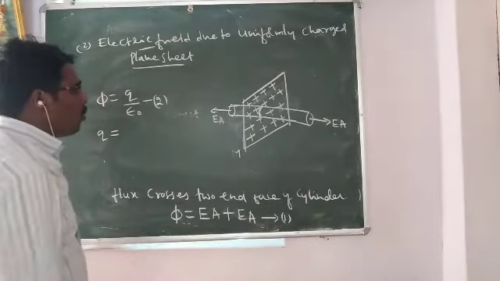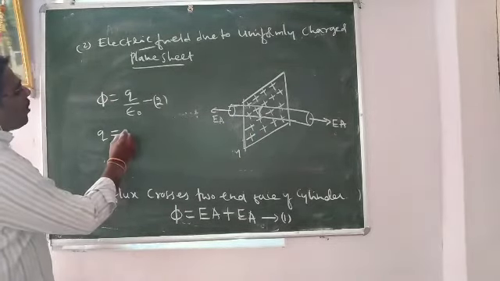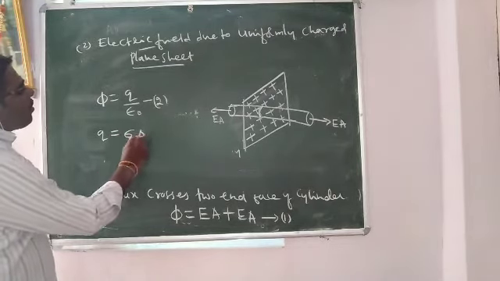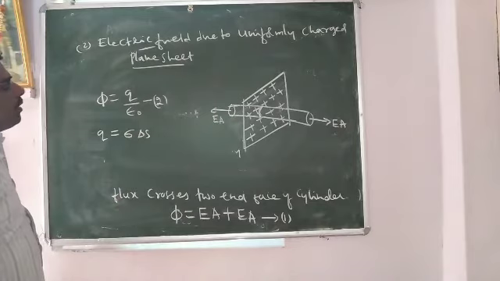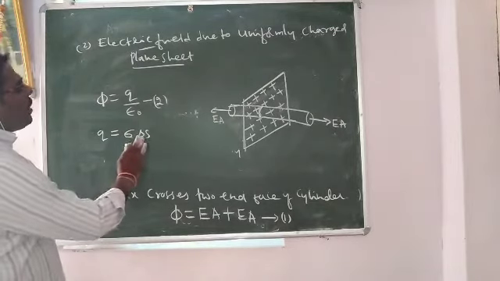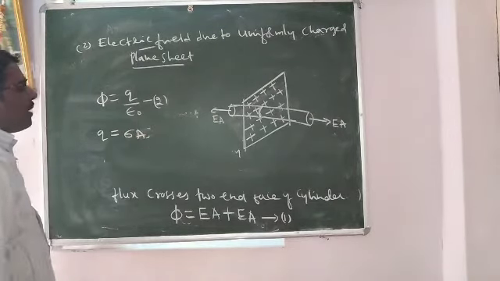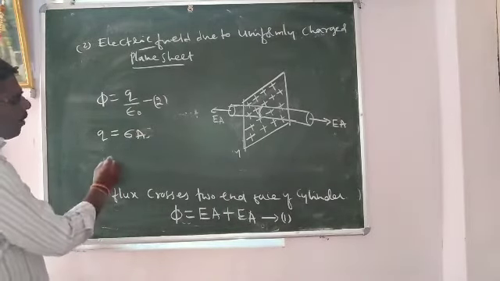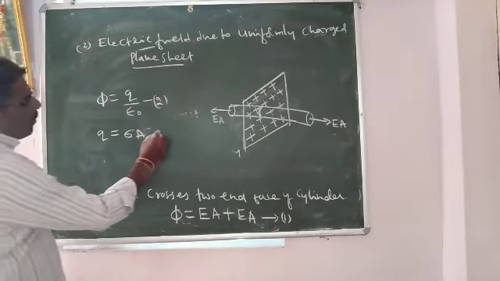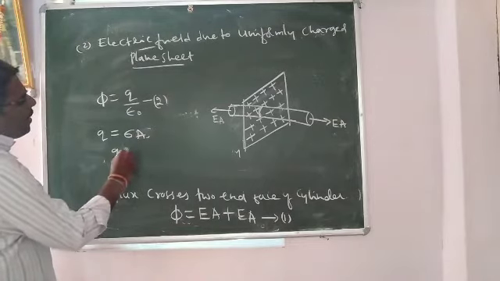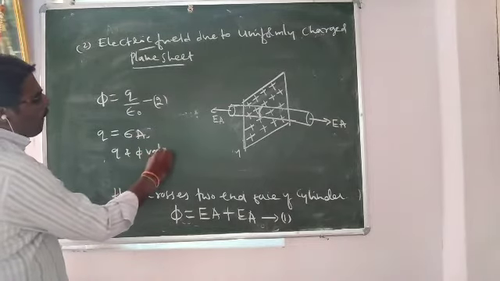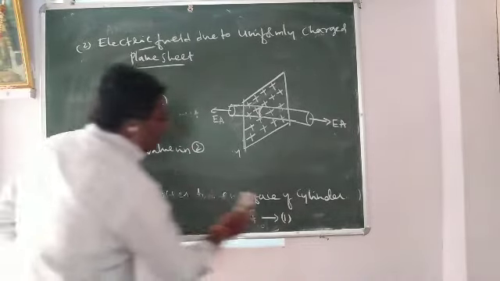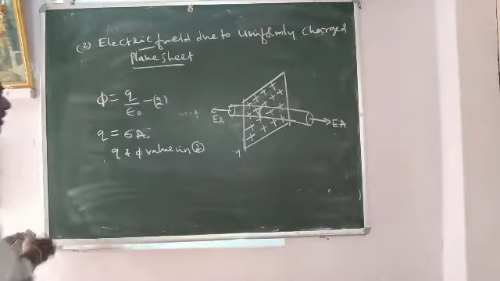The charge enclosed by the plane sheet is given by Q is equal to sigma into delta S, or sigma into A, the total plane sheet. Substitute this Q value and phi value to get the electric field due to the uniformly charged plane sheet.